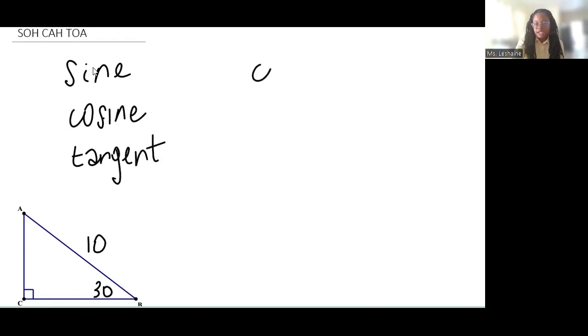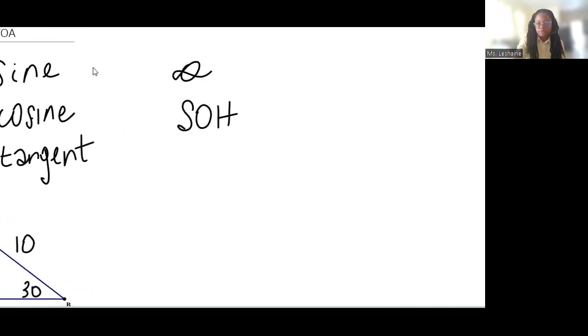So if I let theta be my angle, then SOH stands for sine of an angle is equal to the opposite over the hypotenuse.